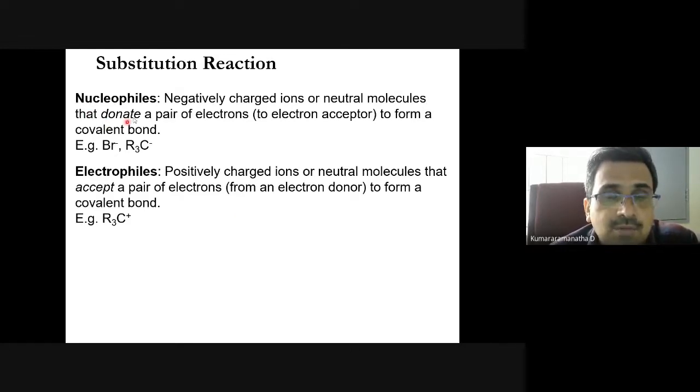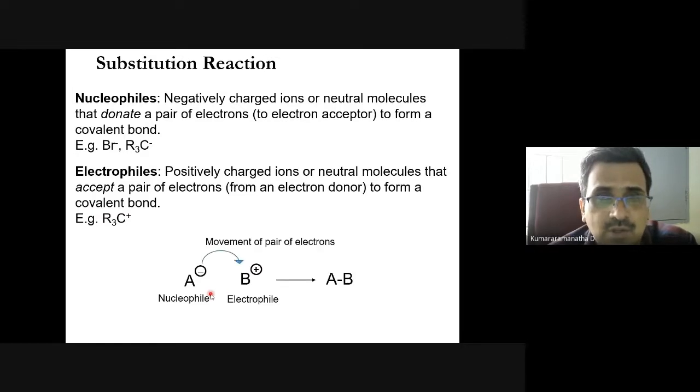So first you should be aware of the term nucleophile. It can be negatively charged or neutral, where it donates a pair of electrons, like bromide, alkyl groups and so on. And electrophiles are positively charged or neutral molecules which will accept a pair of electrons, like any cations. So simple, take a nucleophile and bring it to an electrophile, it forms a bond.